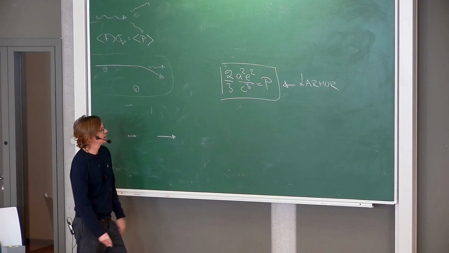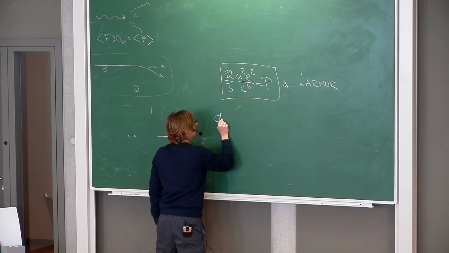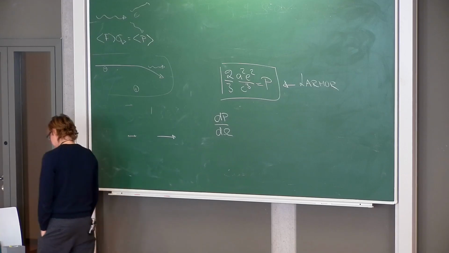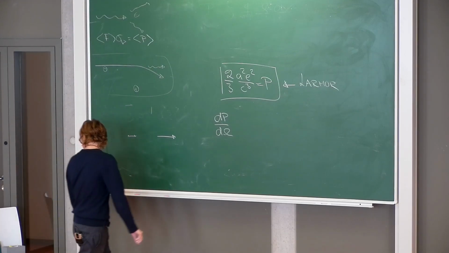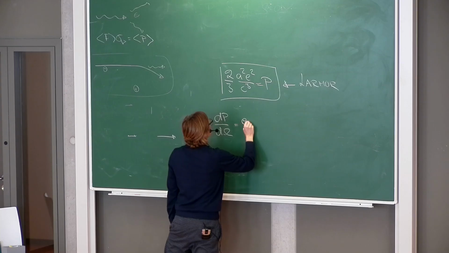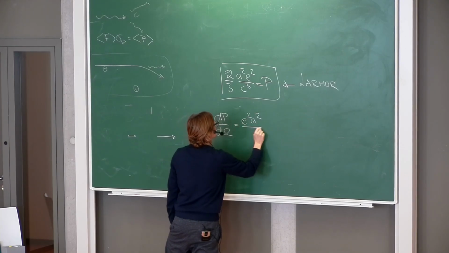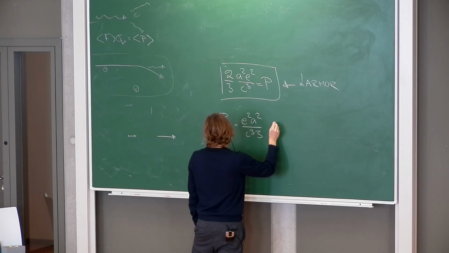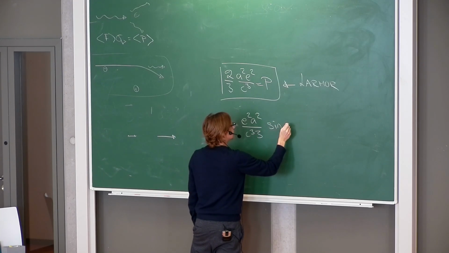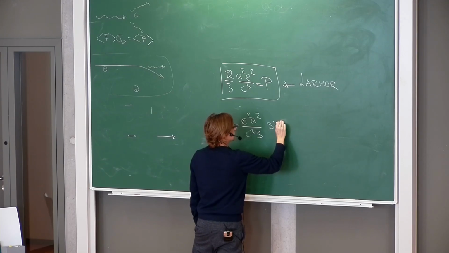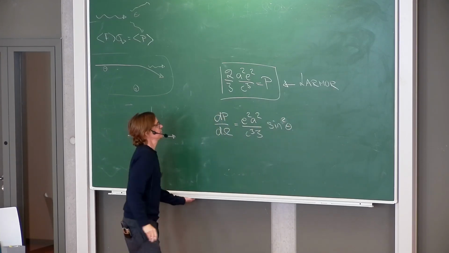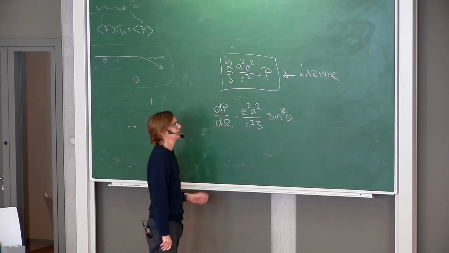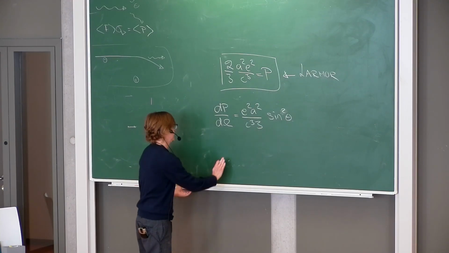We could have also looked at this by looking at the differential form, dP/dΩ, of the Larmor formula, which is then q squared a squared over 4π c cubed times sine squared of theta, right? And here you can also see, if you look at the power in a given infinitesimal solid angle, when theta is 0, again there is no power.